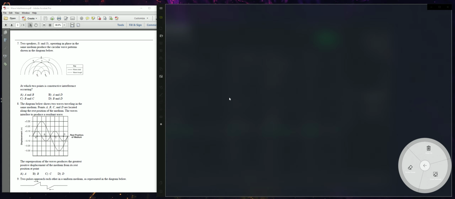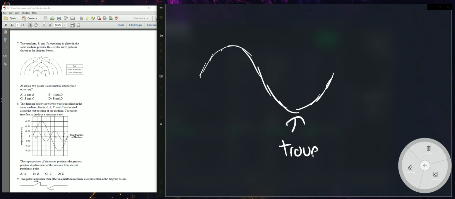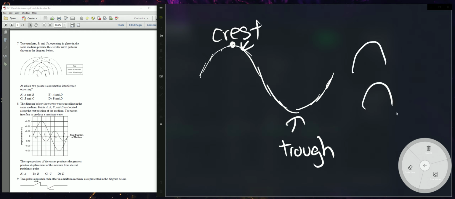Which 2 points is constructive interference occurring? Okay, so I'll give you a hint for 7. After I give you hints for 7, it should be fine. Just a reminder, the trough is the maximum displacement going down, and the crest is the maximum displacement going up. So what happens when you combine crest and crest?